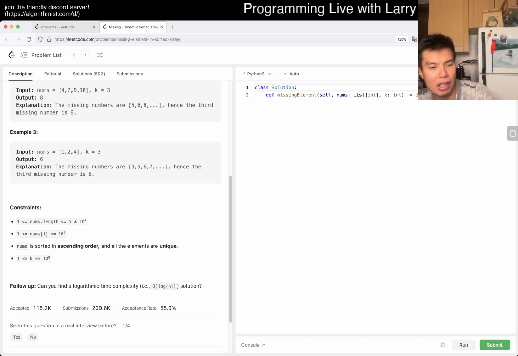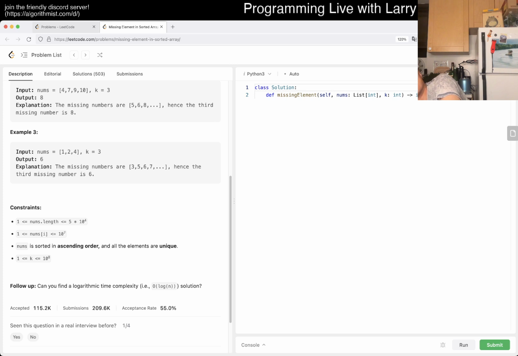Can we do it in log n? I think the way to do it is going to be with... Can I do it in log n? Yes, it's the short story.